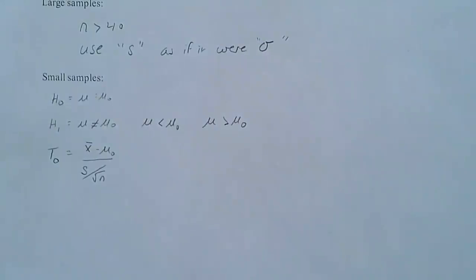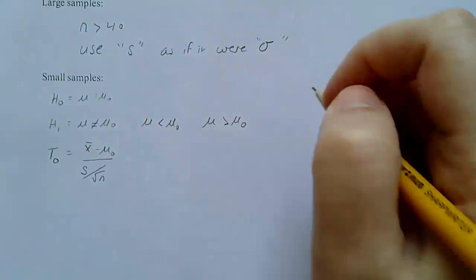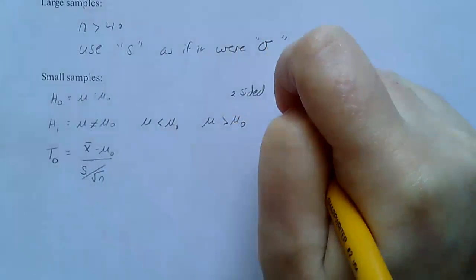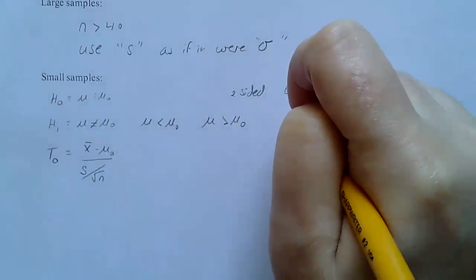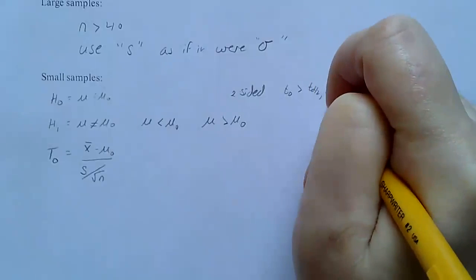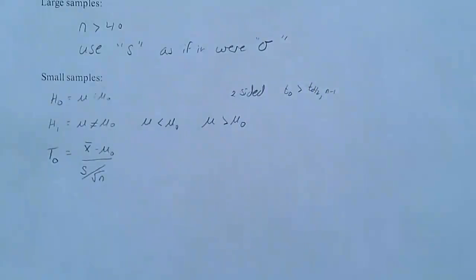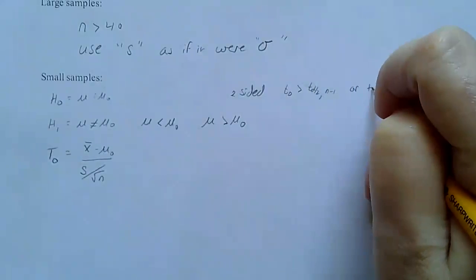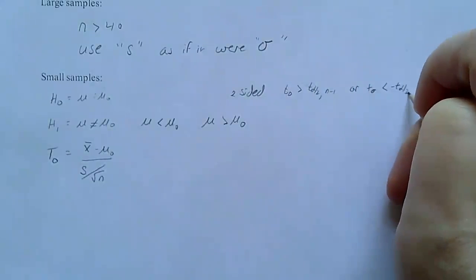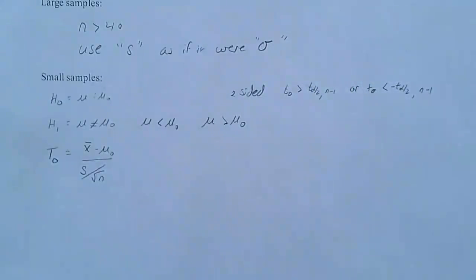On a two-sided test, we're looking to see that t naught is greater than t of alpha over 2, n minus 1, or t naught is less than negative t of alpha over 2, n minus 1, symmetry of the t curve.